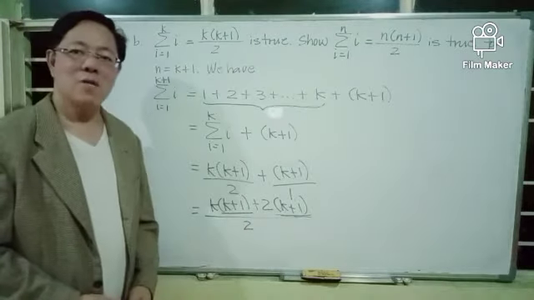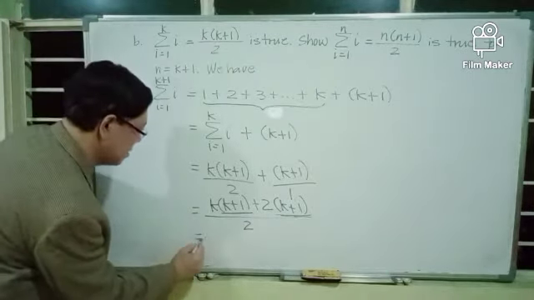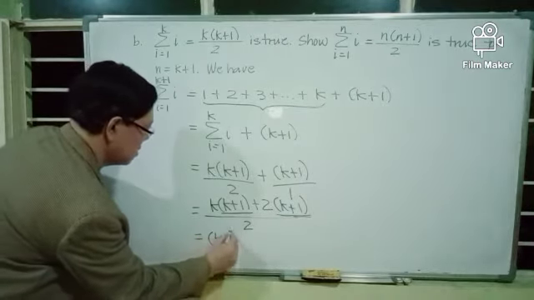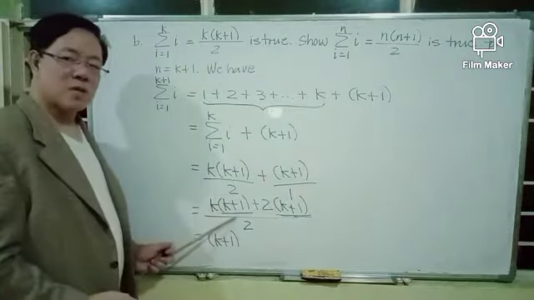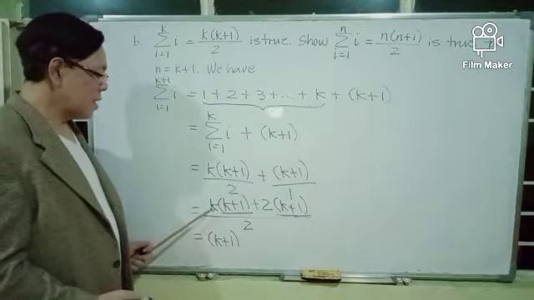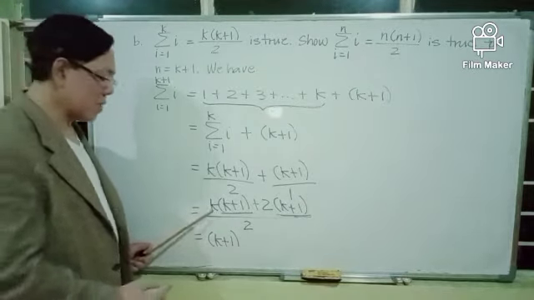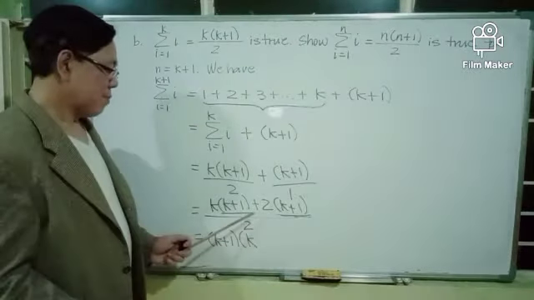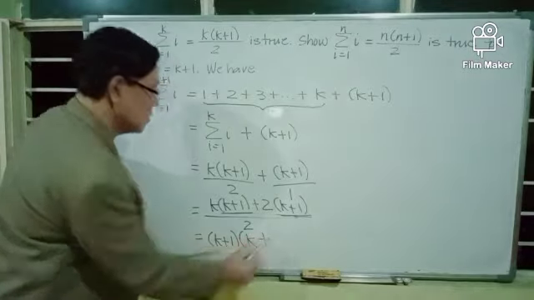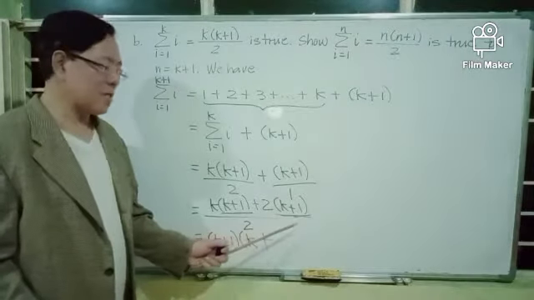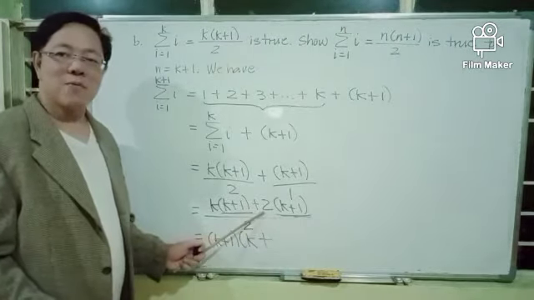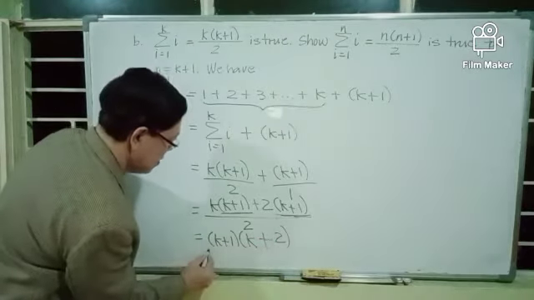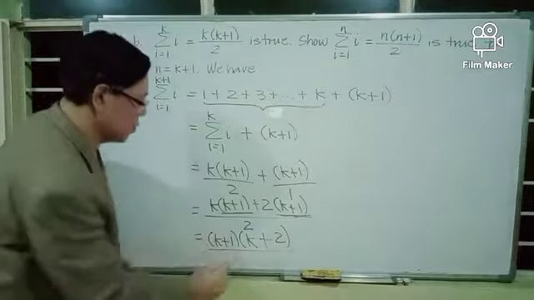So we factor out k plus 1. From the first term, what is left is k, plus, from the second term, you are left with 2, all over 2.